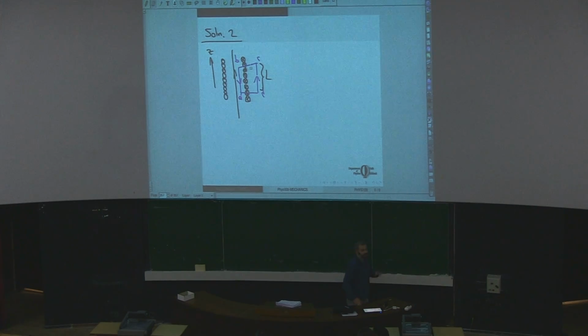I just changed the direction of my loop. You are free to choose whichever loop you like, and whichever orientation of your loop you like. It's completely up to you.